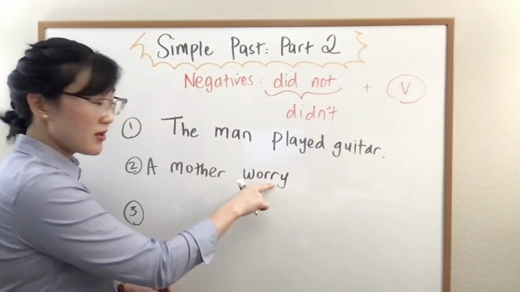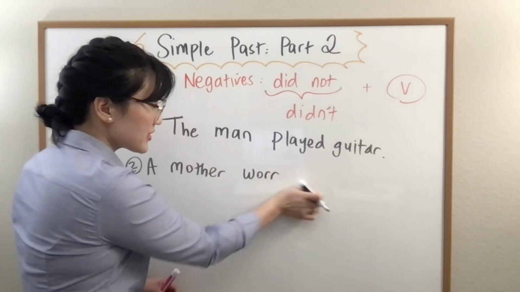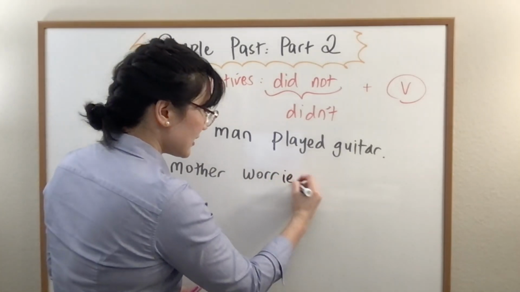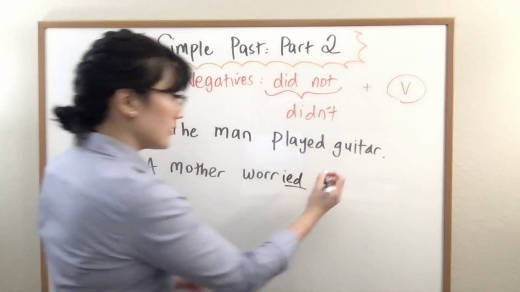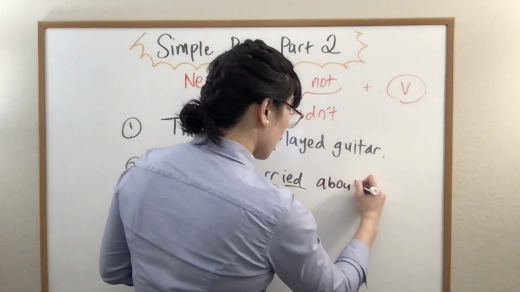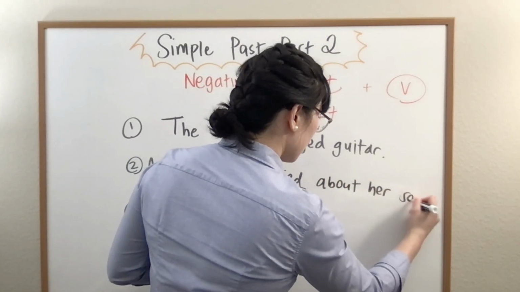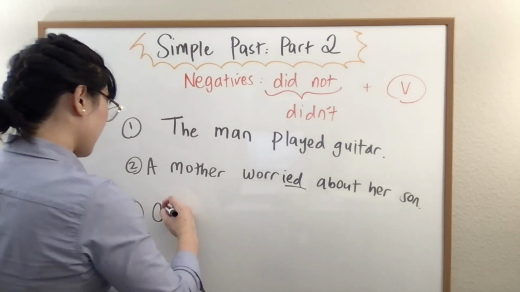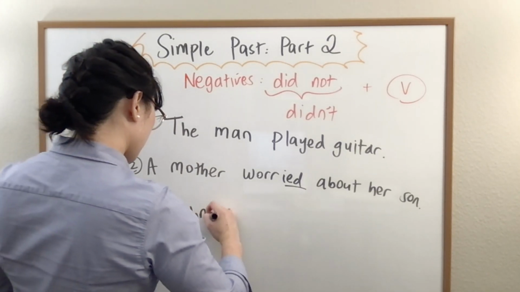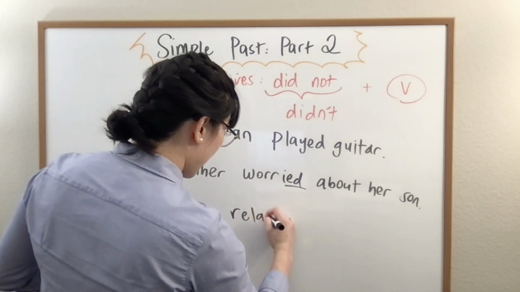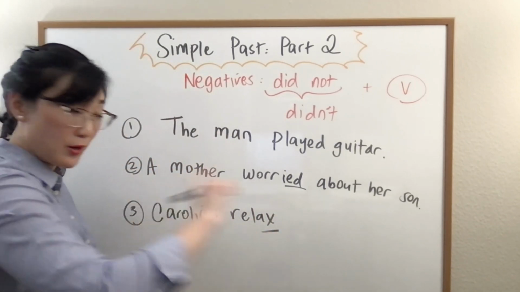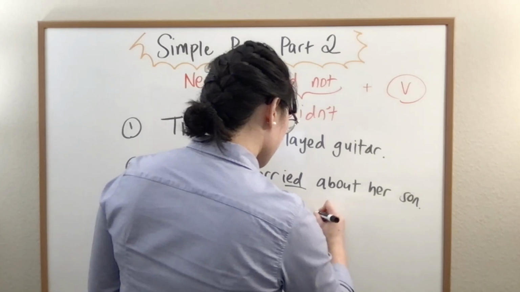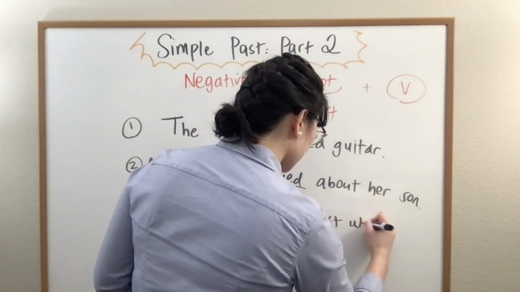Okay, look at this consonant in front. So you need to erase this, change it to IED. Worried about her son. And one more. Caroline relax, X, be careful, so no double, relaxed last weekend.